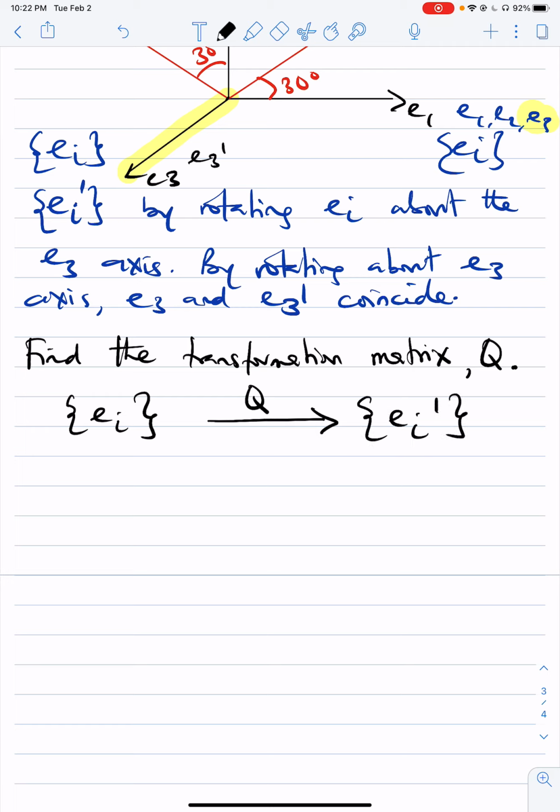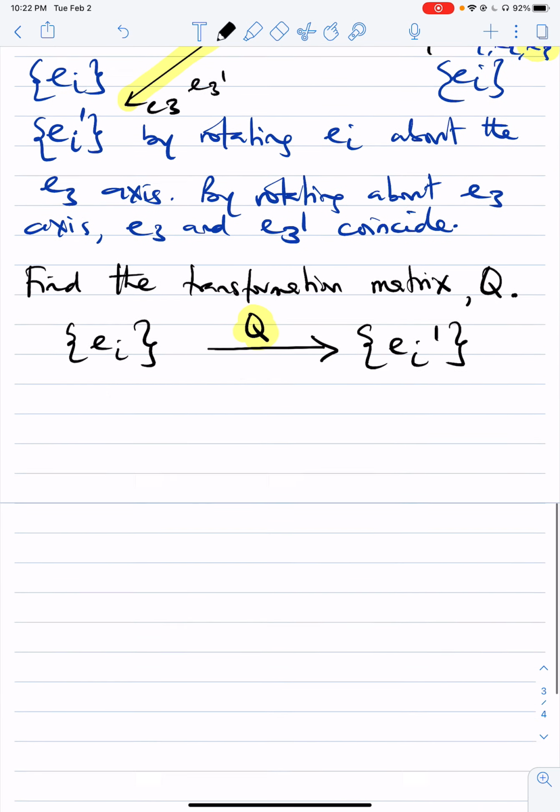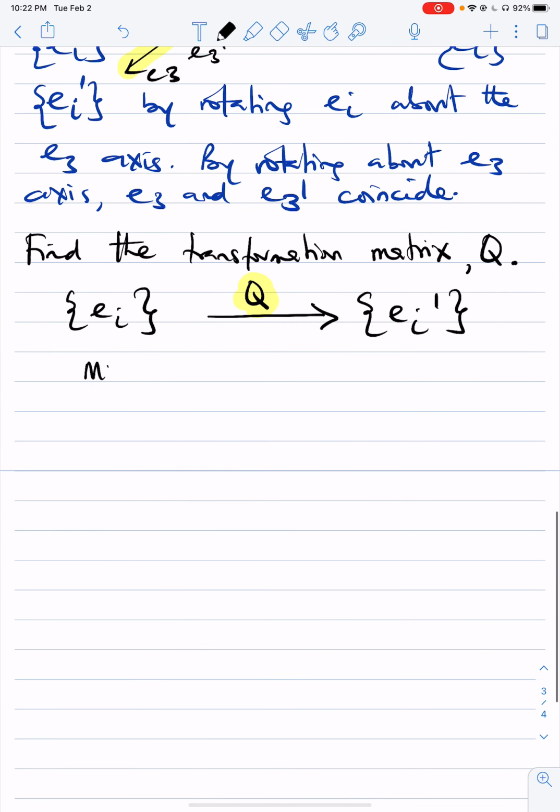So now the question is: find Q. I'll be showing you two methods to do this. The first method, let me write it out explicitly. Method 1.